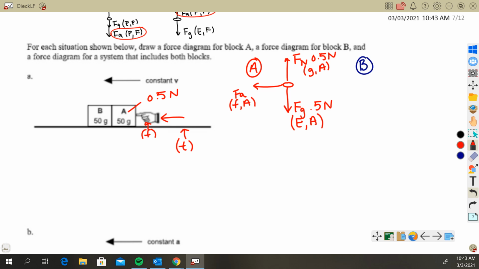We also are going to have a force of friction and a force normal. So backwards, we're going to have a force normal. And that normal force is going to be dealt by B, felt by A, because they're touching each other. And we're going to have a force of friction.